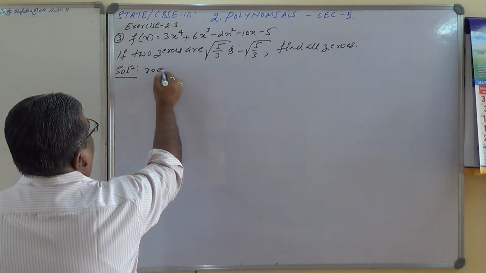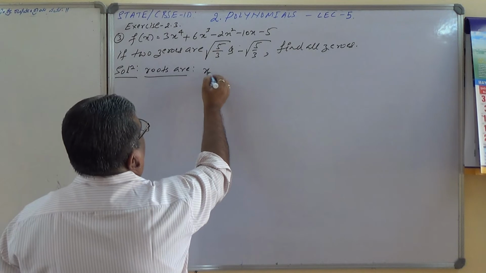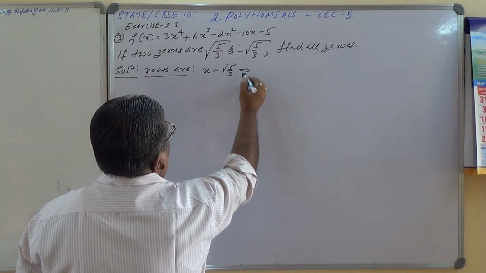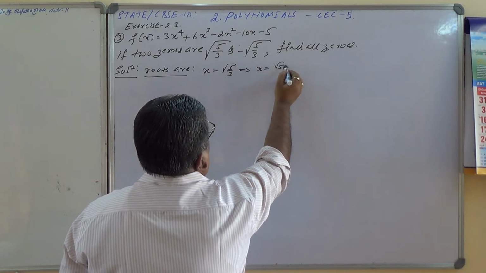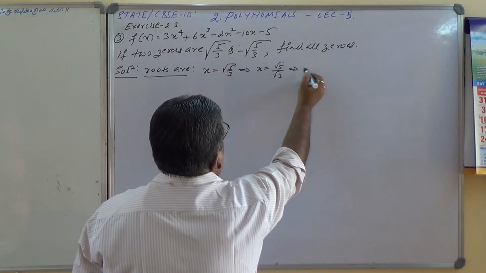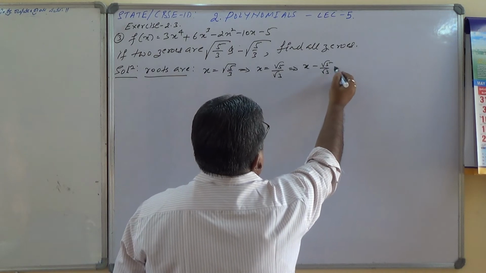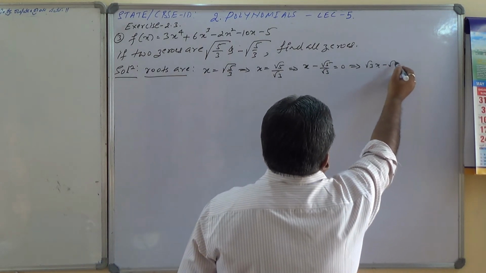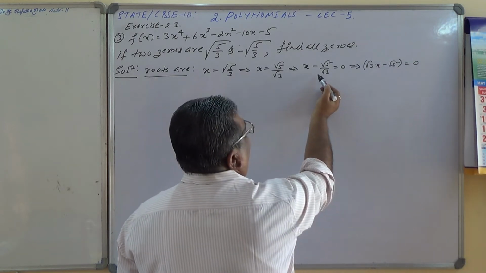Roots are, which are the roots given here? x equals root 5 by 3, implies x equals root 5 by root 3, implies x minus root 5 by root 3 equals 0, implies root 3x minus root 5 equals 0, because this root 3 goes this side.